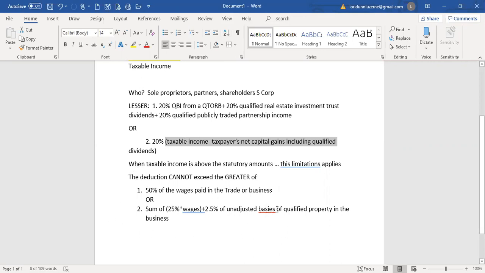So since her calculations down here are 10,000, her calculation above is 15,000, she's only allowed to take 10,000. That's how these calculations come into play and affect that deduction for QBI.